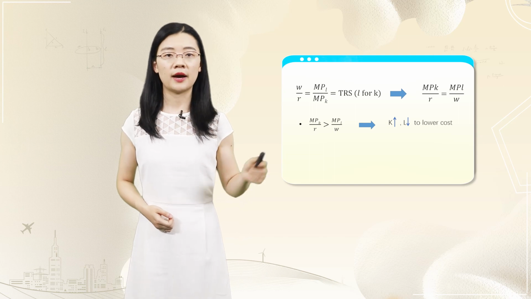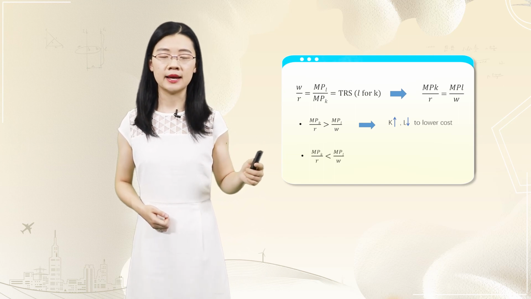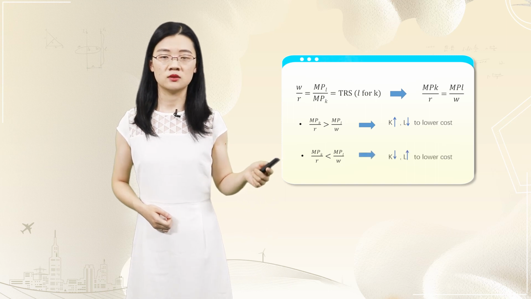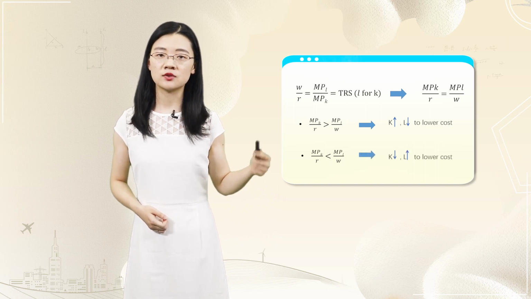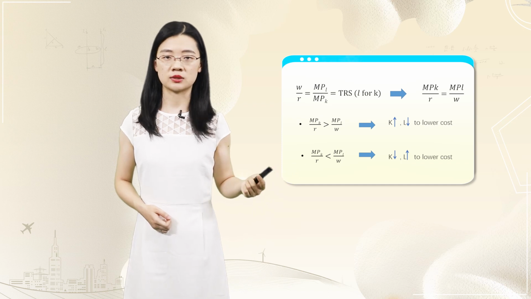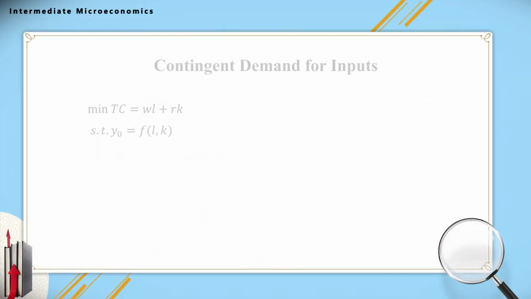Conversely, if MPK divided by R is less than MPL divided by W, reducing capital and increasing labor could save cost.